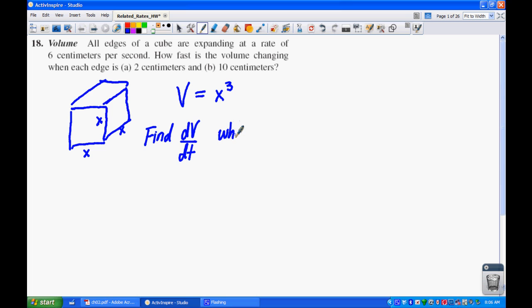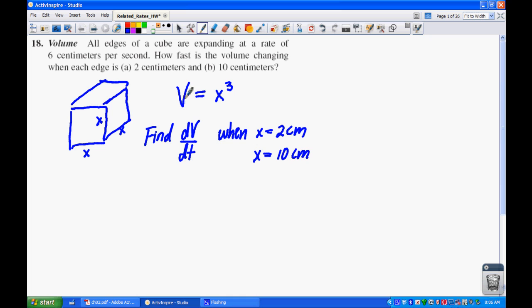So when the edge, which is our x, is equal to 2 centimeters, and when x is equal to 10 centimeters. So we know that to find dV/dt, we have to differentiate both sides of this equation with respect to time. All right, so that should be easy.